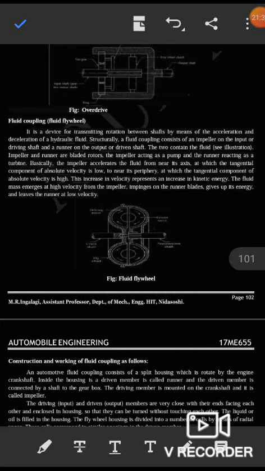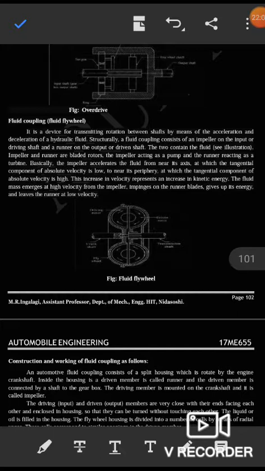Basically, the impeller accelerates the fluid from near its axis, at which the tangential component of the absolute velocity is low, to near its periphery, at which the tangential component of the absolute velocity is high.